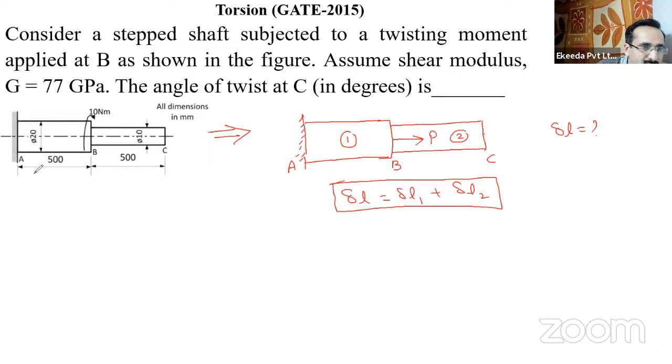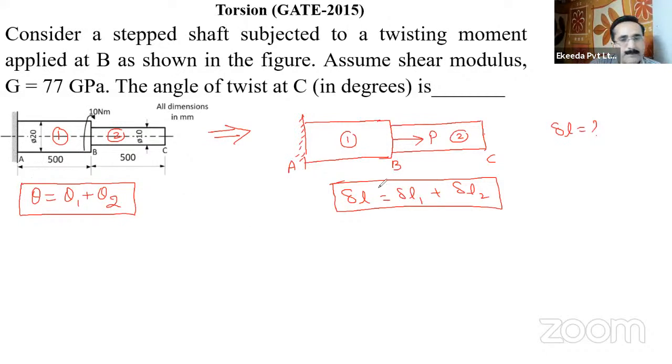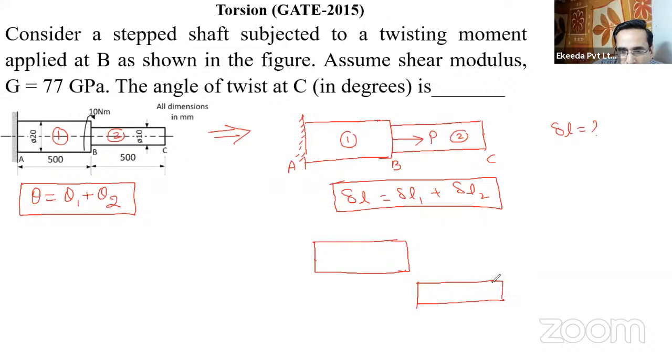Similar to this case, if this is shaft one and this is shaft two, and we have to find out the total angle of twist theta, that will be equal to theta 1 plus theta 2. But if we divide this shaft into two parts and see what loads are applied on these shafts, you can see the reaction.